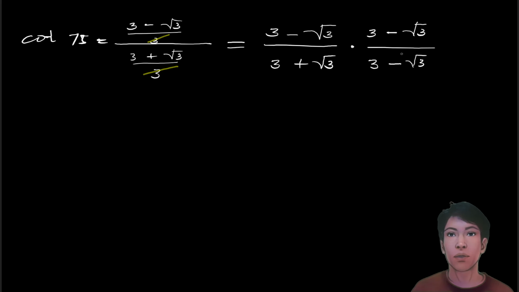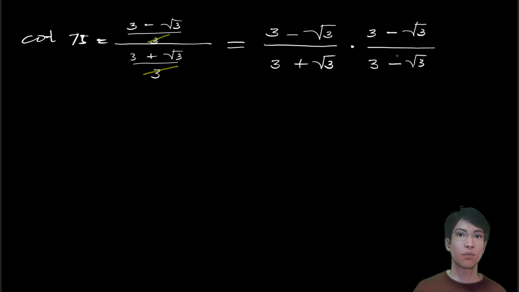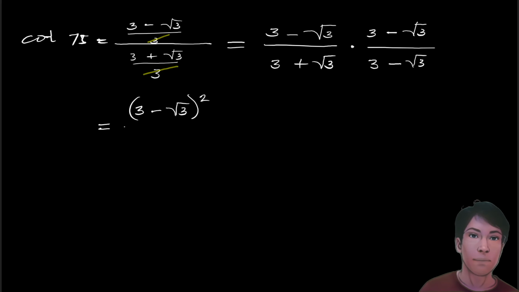So this expression is actually 1. Okay, so 3 minus square root of 3 divided by 3 minus square root of 3 equals 1. So I'm not changing anything. So this one is now equivalent to 3 minus square root of 3 squared.